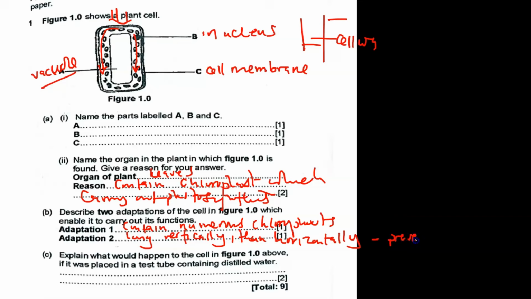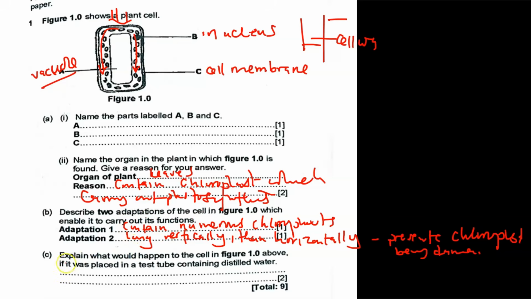So being long vertically enables the chloroplasts to migrate when there's high light intensity, and that prevents them from being damaged.